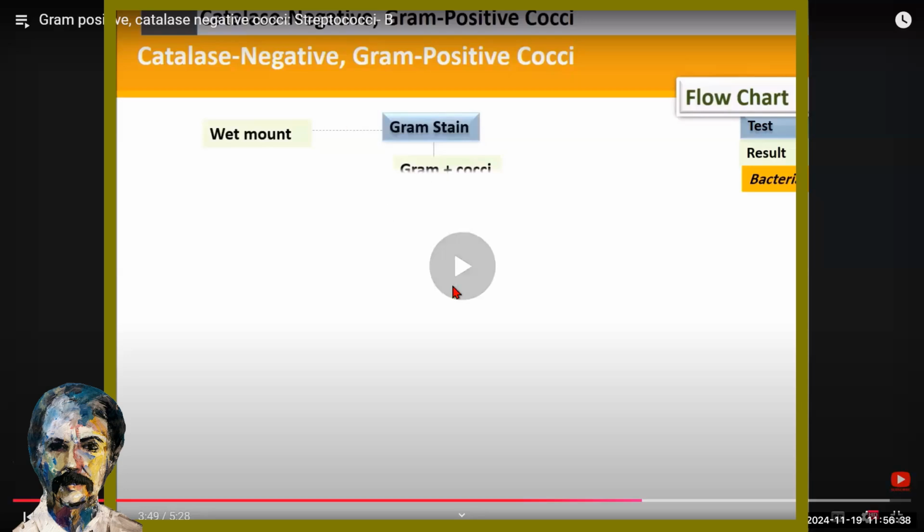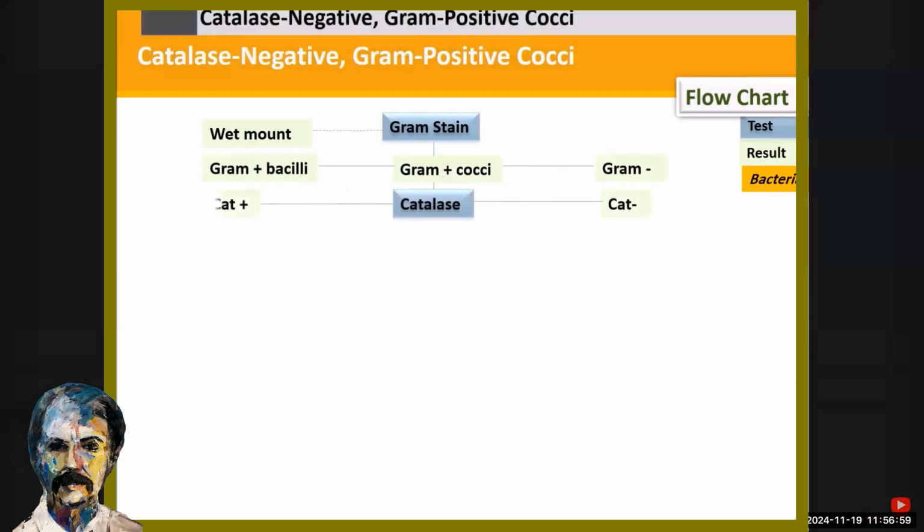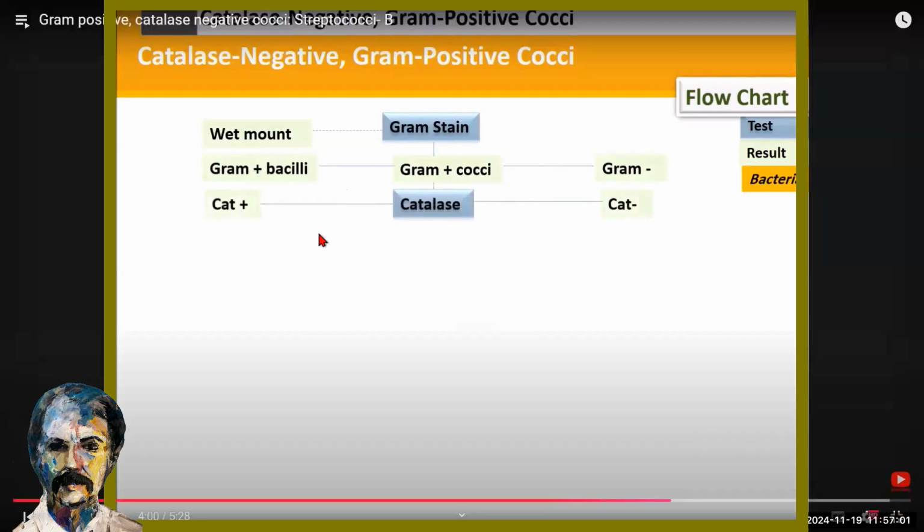With gram stain, you can tell if it's gram-positive bacilli, leave it, and then gram-negative, also leave it for something else. If it's gram-positive cocci, as we said in the lab, we have to go for catalase. Catalase negative and catalase positive. If it's catalase positive, then we go for the staph, coagulase, and the other tests. If it's catalase negative, then this is Streptococci.